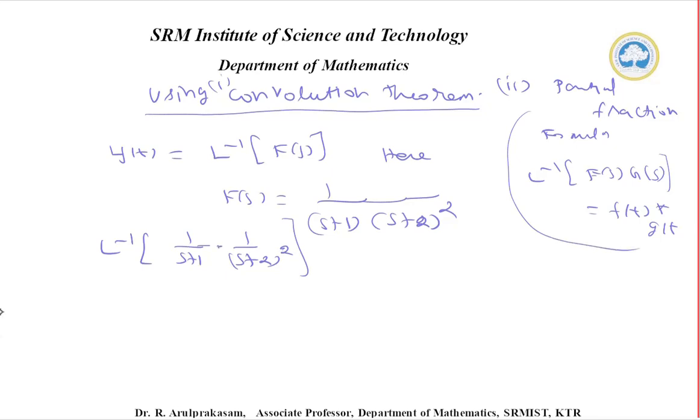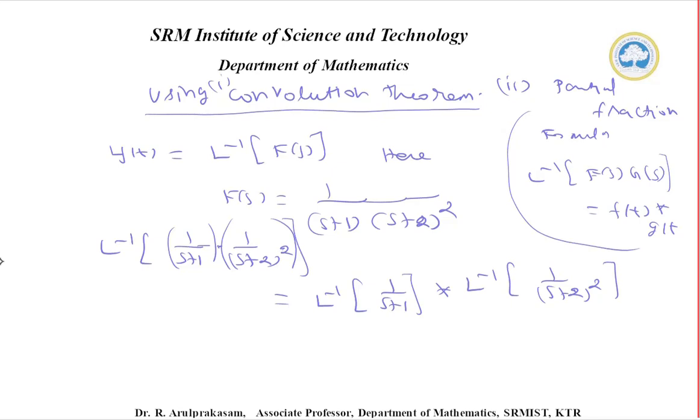So I am splitting what is our f of s form and what is our g of s form. L inverse of f of s and g of s: I can write L inverse of 1 divided by s plus 1, convolution of L inverse of 1 divided by (s plus 2) whole square.